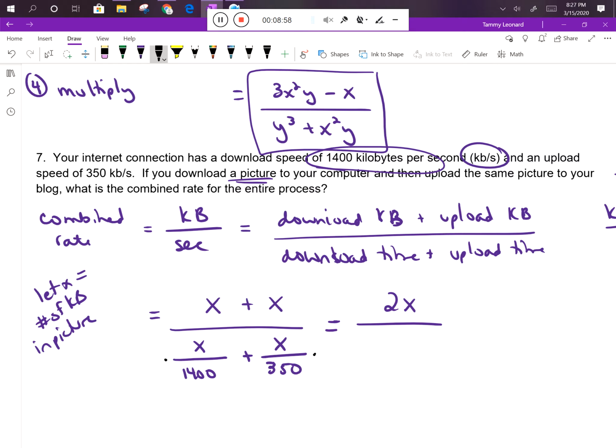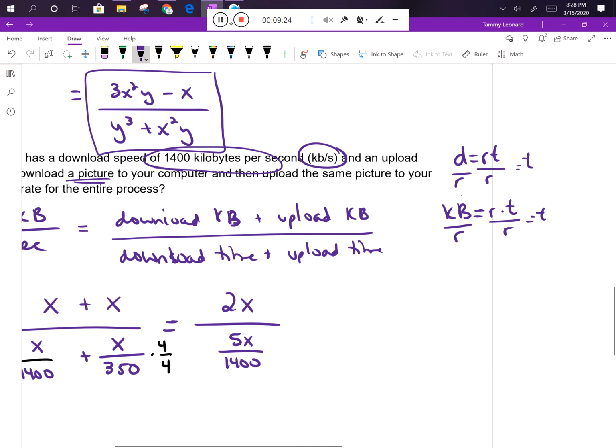Well, 350 times 4 would get me 1400, so I don't need to multiply the 1400 by anything. I can just multiply the 350 by 4 over 4. That gives me a single fraction for the denominator of x plus 4x, which is 5x over 1400. And then we know from the previous problem we can rewrite that as a multiplication problem.